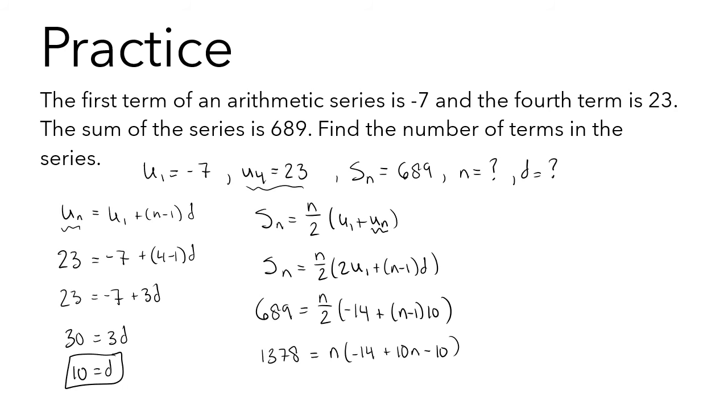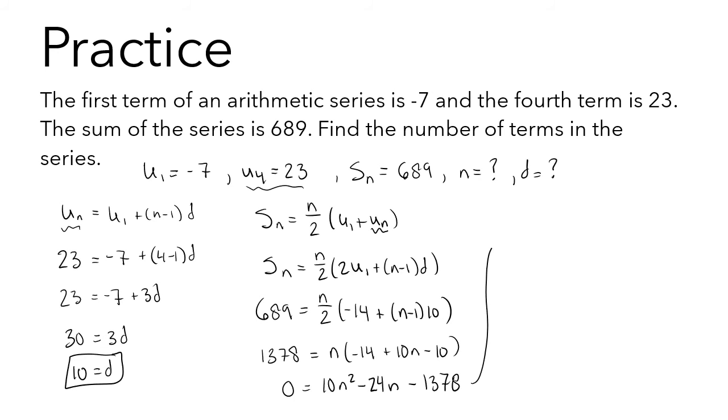Doing a little bit more quick simplification, we get 10n squared minus 14n minus 10n, which is minus 24n, minus 1378.